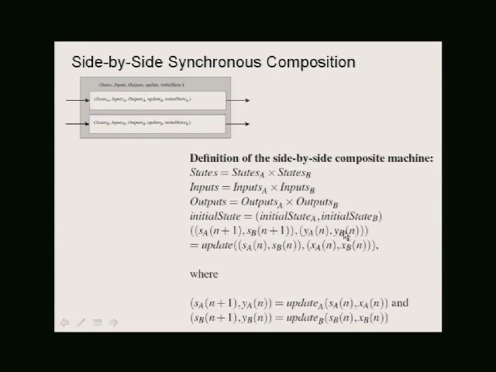And the way you get the second part of the state, which comes from B, and the second part of the output, which comes from B, is by applying the update function for B, again on its own state and its own input.